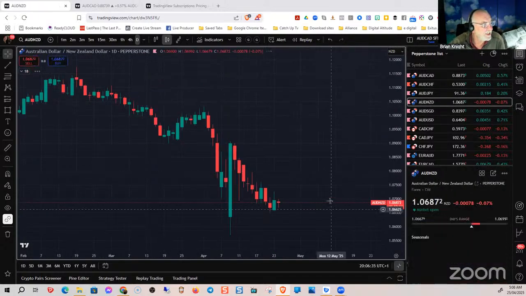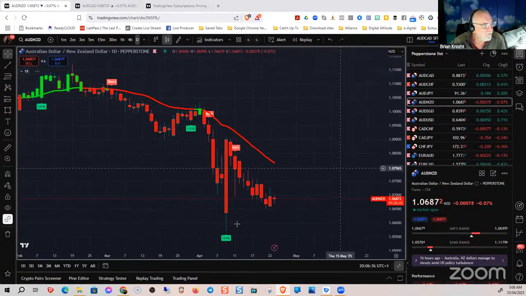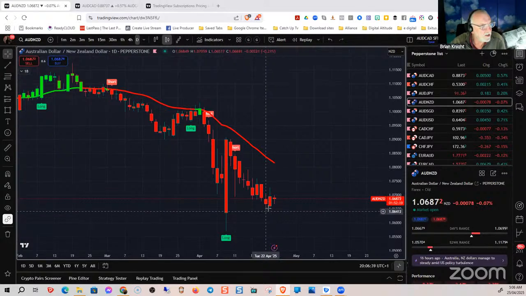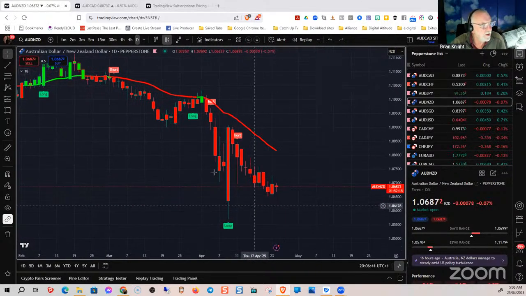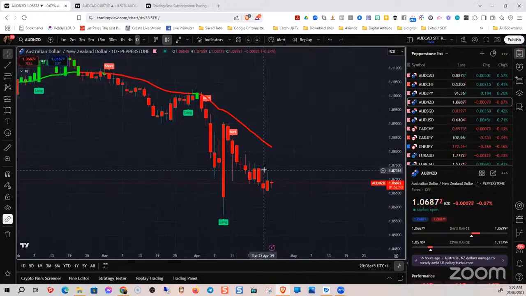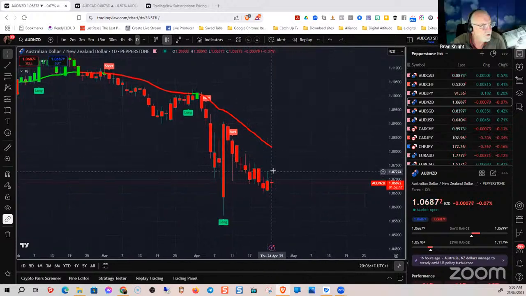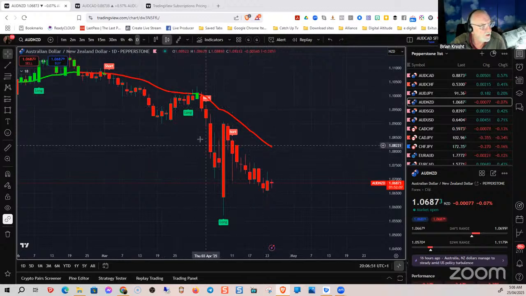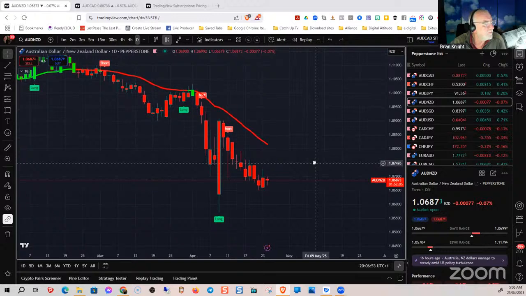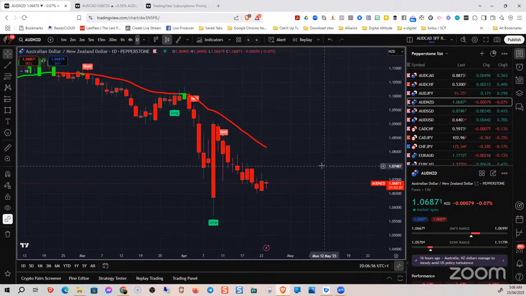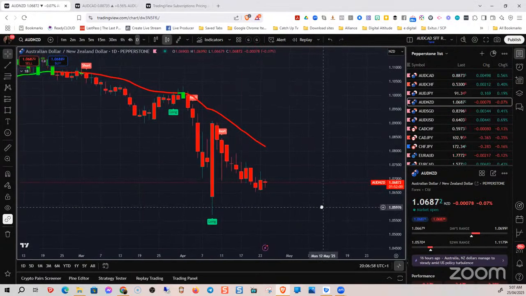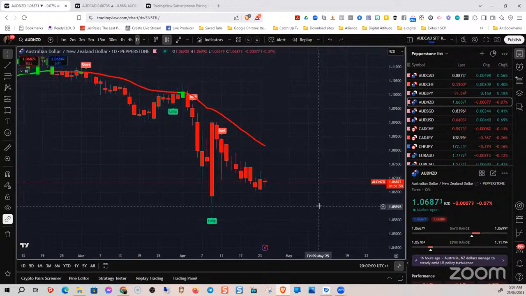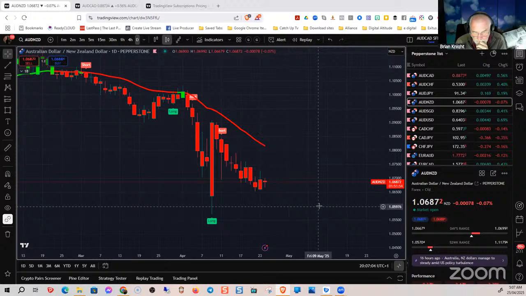All right, AUD NZD. It did push up, but you're still in this zone at the moment. You've got two stop positions, two stop profits then, both in profit. In fact, overall, when I looked a short while ago, it was 10 trades.